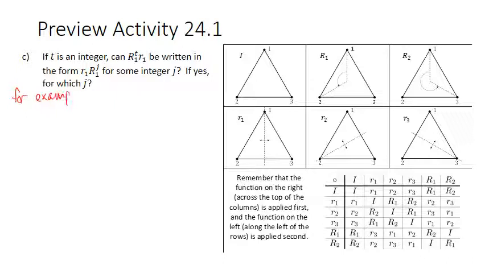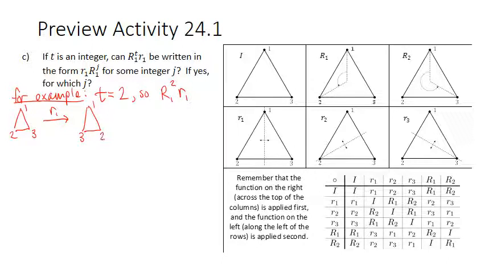So for example, let's just say t is 2. So we're looking at big R1 squared, little r1. What does that transformation actually look like? We start with the original triangle, 1, 2, 3, and then first we apply little r1, which is reflection over the vertical line.